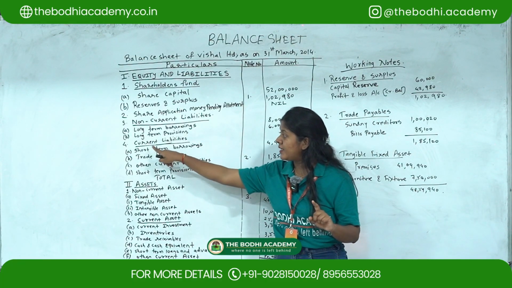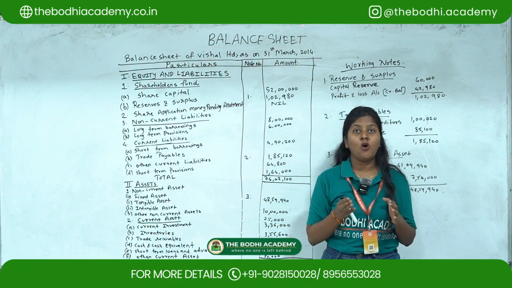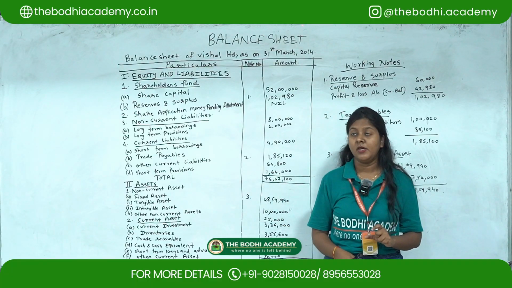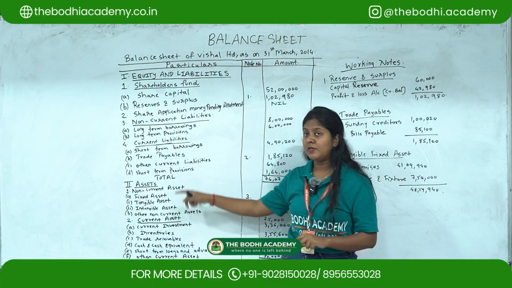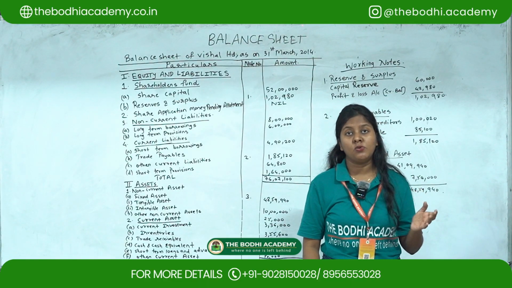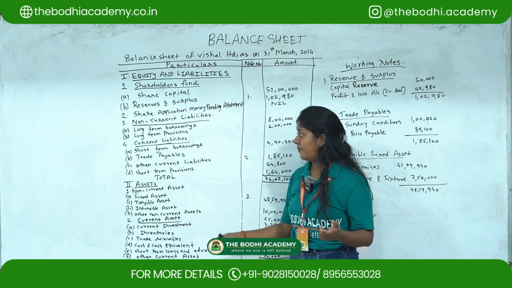Then the fourth part is current liabilities. Non-current liabilities are for a long period of time, but current liabilities are for a short period of time. Under short-term borrowings, remember cash credit, bank overdraft, short-term loans and advances, and demand deposits with the bank.